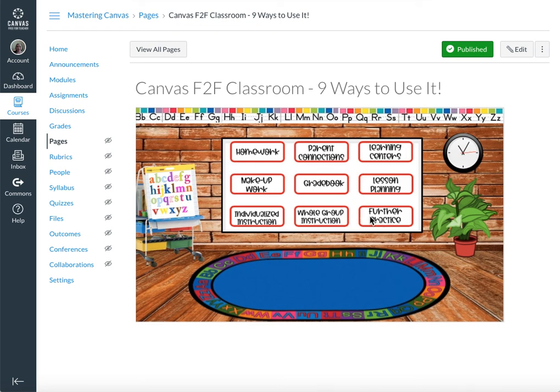And finally, you can use it for further practice. Now, how is that different than the other things we've talked about? Well, let's look at it like this. Further practice is, say I introduced something today. That was my introductory stage. And I saw several children mastered it right away. And then I saw that some were needing just a little bit more instruction, but we really need to keep moving.